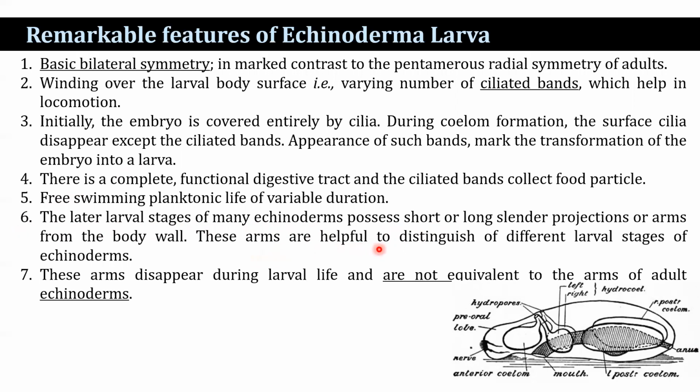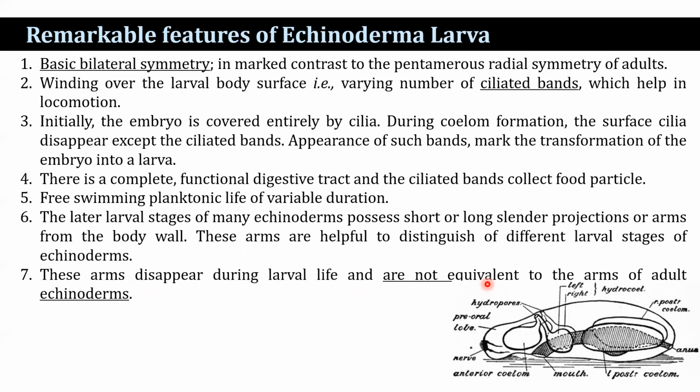These arms help to distinguish different larval stages of echinoderms. Different echinoderm larvae are characterized on the basis of arms, so arms play an important role in distinguishing the larval stages. These arms disappear during larval life and are not equivalent to the arms of adult echinoderms.